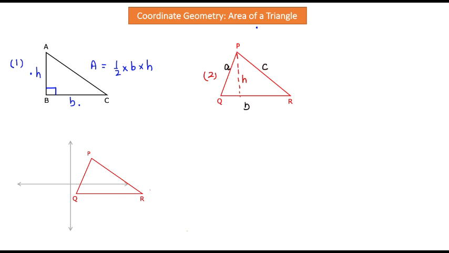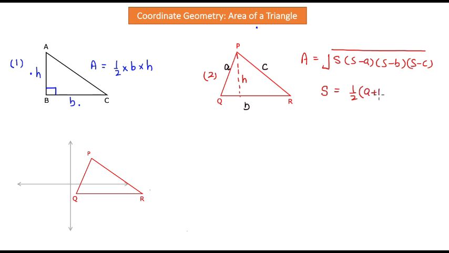So in this case, we said that the area of such a triangle can be found by the application of Heron's formula, which is the square root of S times S minus A times S minus B times S minus C, where the value S is equal to half of the perimeter of this triangle. So this was one good fundamental rule we learned about the application of Heron's formula. This was very helpful at times.